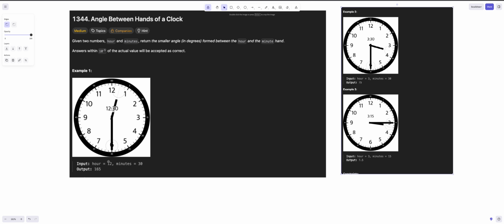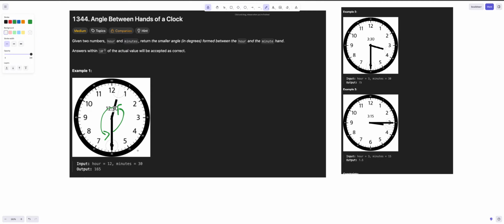So let's check the given example first. The hour is 12 and the minutes is 30. We have to check how many degrees. We can consider two parts here. If we go clockwise this way, that will be 360 degrees, the common degree of a cycle. We have to think: do we want the degree from here to there, or from here to there?